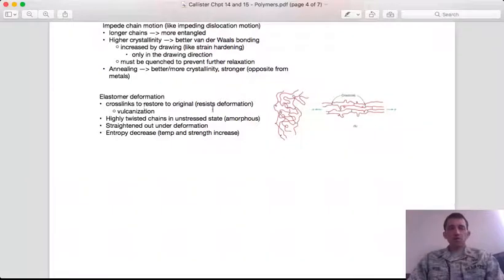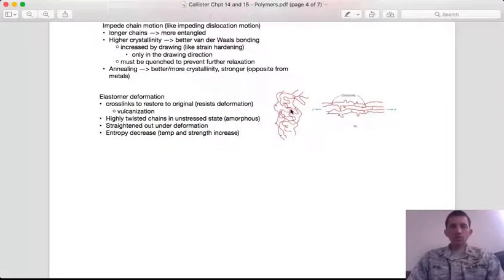And so these crosslinks essentially bind all of them into maybe one supermolecule, so to speak, because you have these chemical bonds that are making these large molecules essentially one. And what they do is they provide a tie that helps to reestablish the original structure.